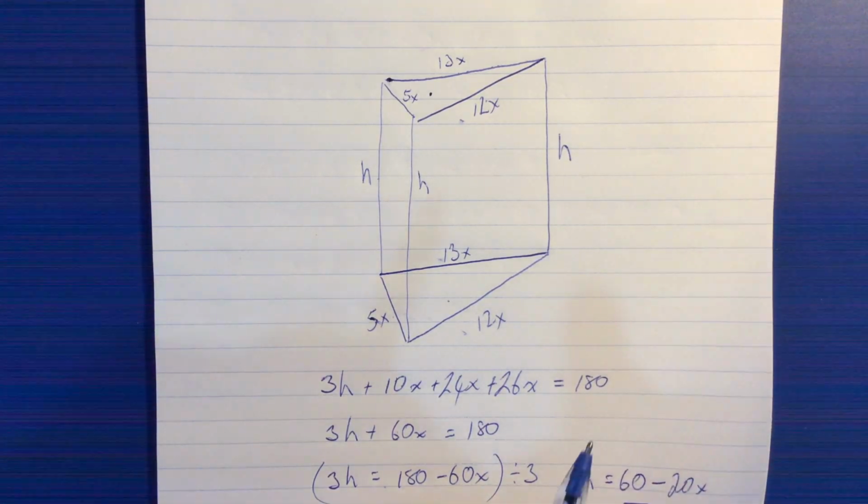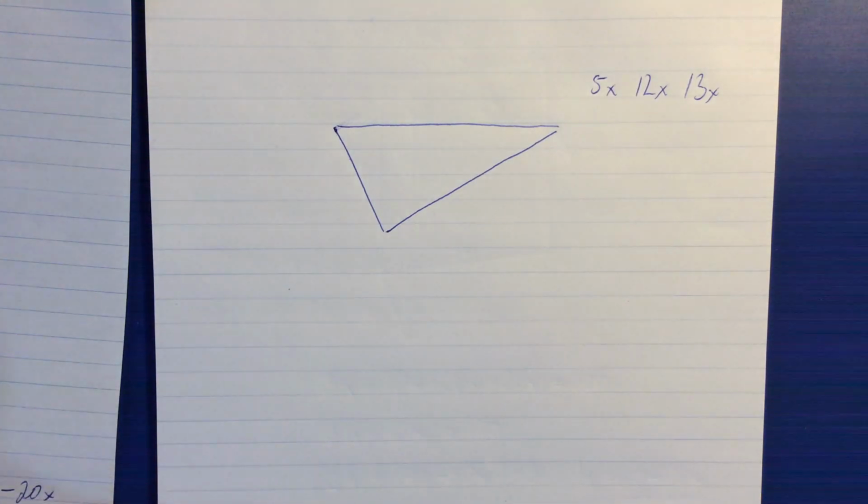So, just take that page off to the side and I'll be referring back to that. We have a triangle, and I'm deliberately going to draw it sort of sideways so it's a little bit harder to see. We have a triangle that is 5x, 12x, and 13x.